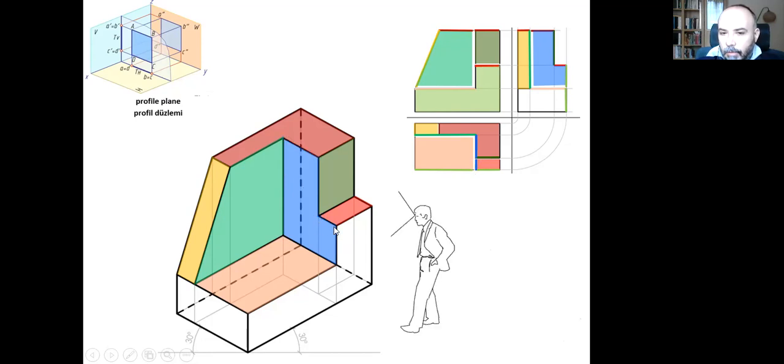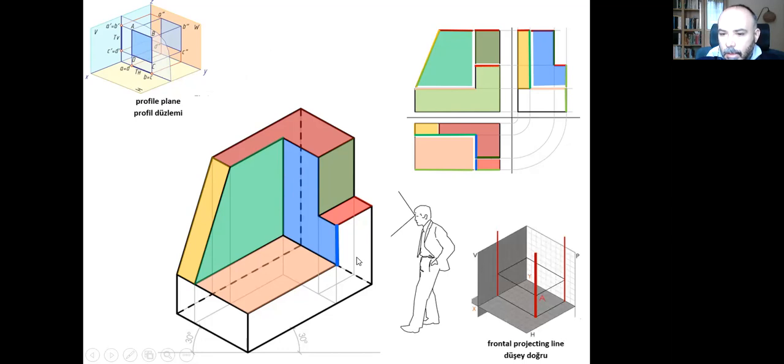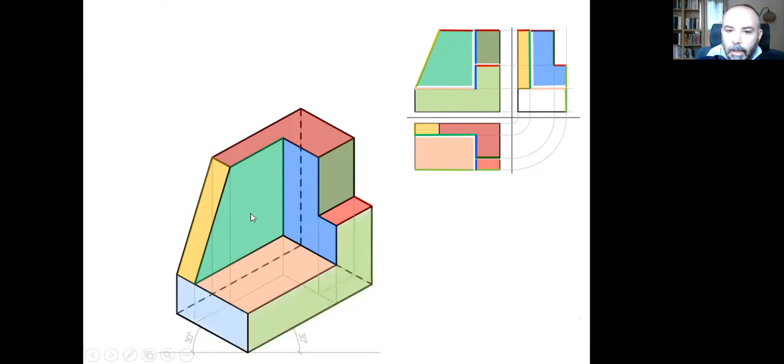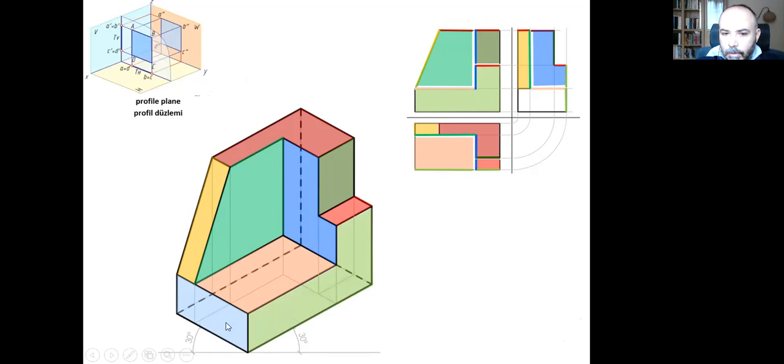And when I stand in front of the object, I will be looking at its edge as a frontal projecting line that appears here and another line at the back. And because of that interval difference, I should leave the gap. And at the end, there is just one surface left, this light blue surface.